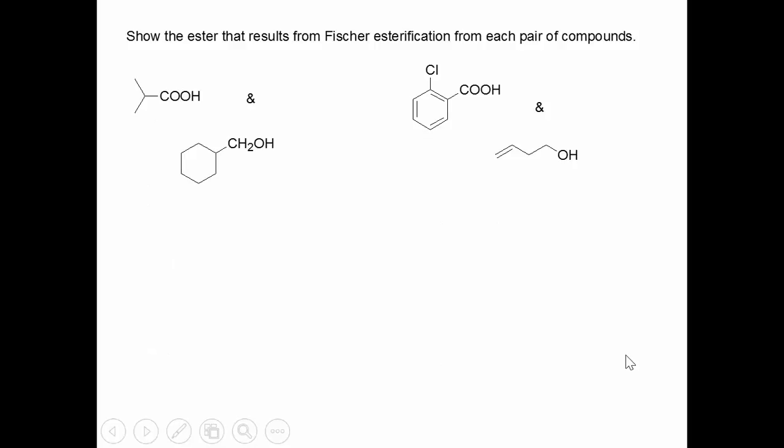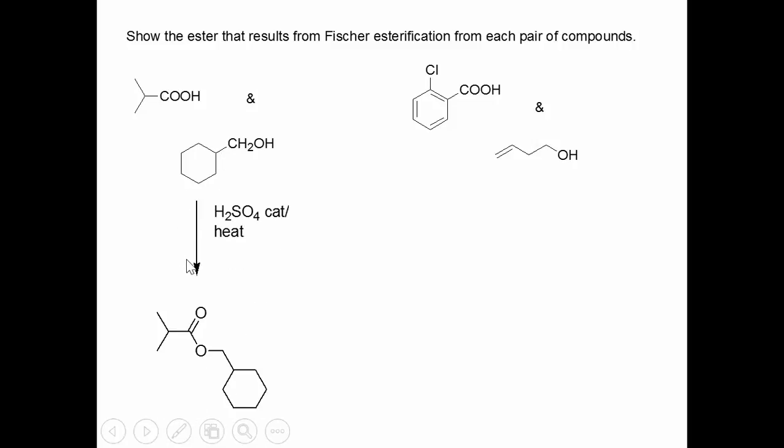All right, so let's just complete some Fischer esterification reaction equations right here. What is the ester that comes from this carboxylic acid, I guess 2-methylpropionic acid, and cyclohexyl methyl alcohol? Okay, so that ester would be the one here.